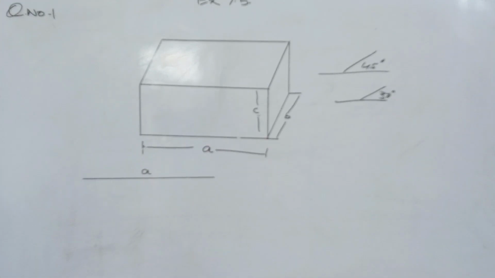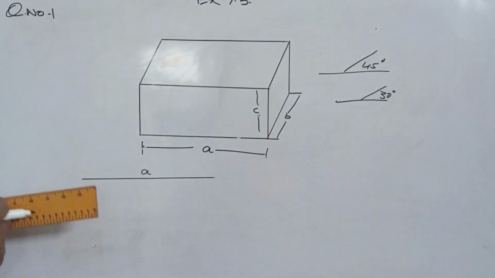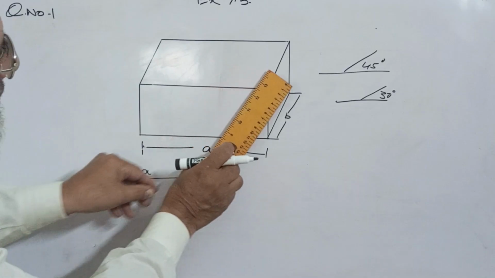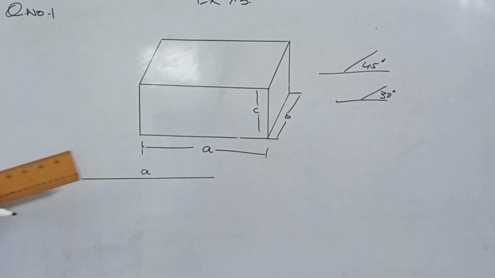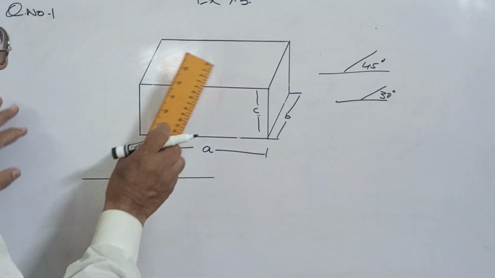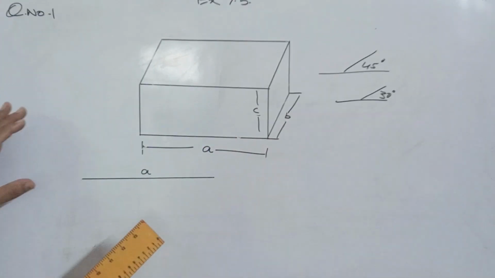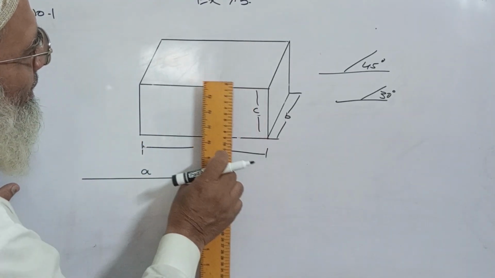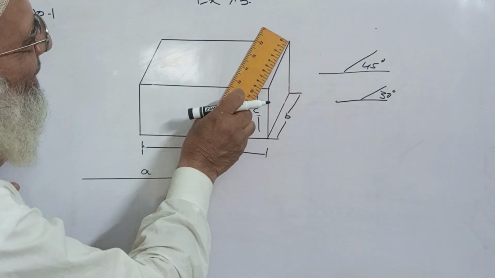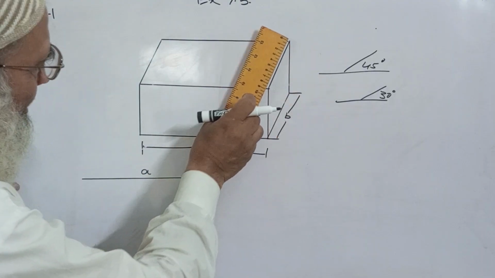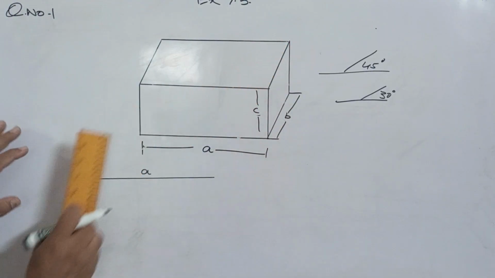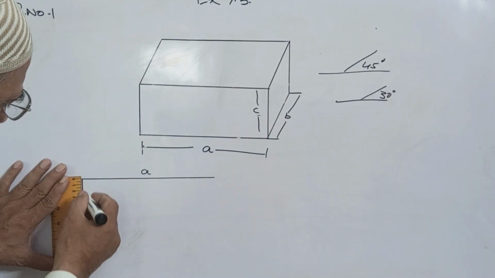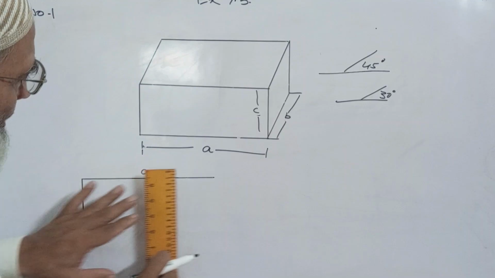This is A. I have to leave space over here also for B, and C. B is about 10 centimeters, not very accurate.